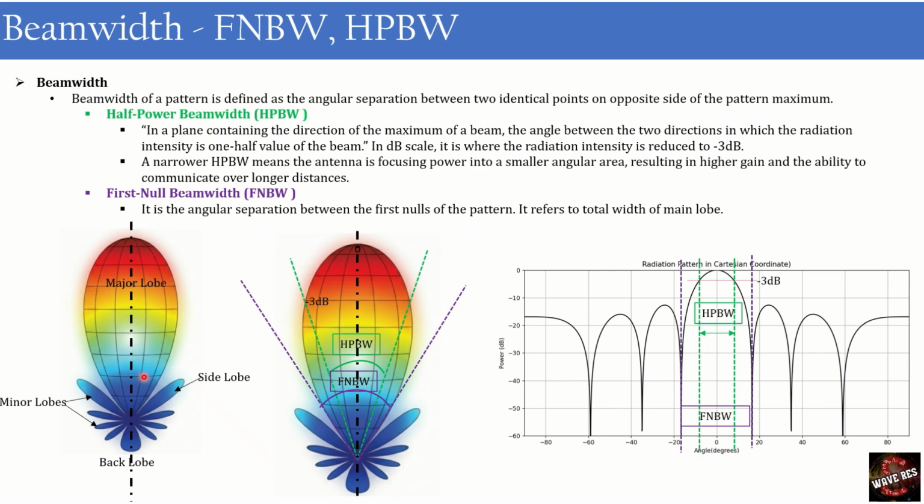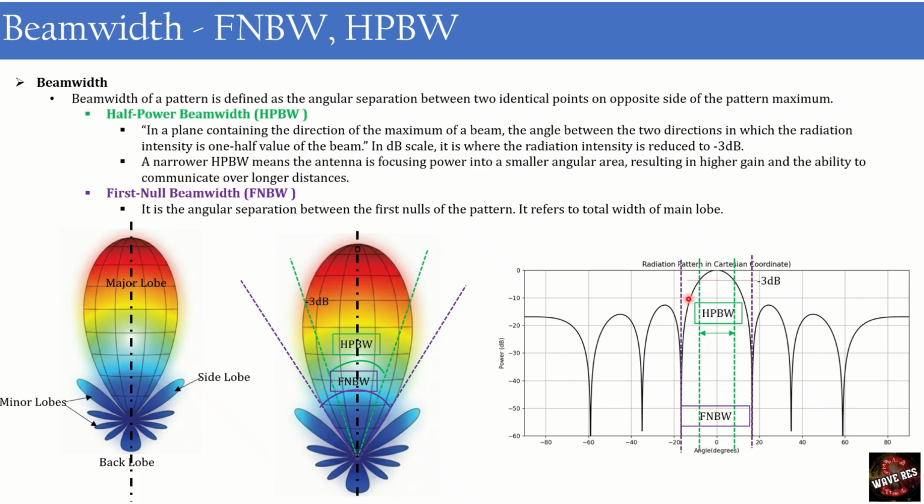If we consider the major lobe, these two points form the first nulls. The angular separation between these first nulls is known as first null beam width. In effect, it gives an indication about the width of the main beam. That is first null beam width.